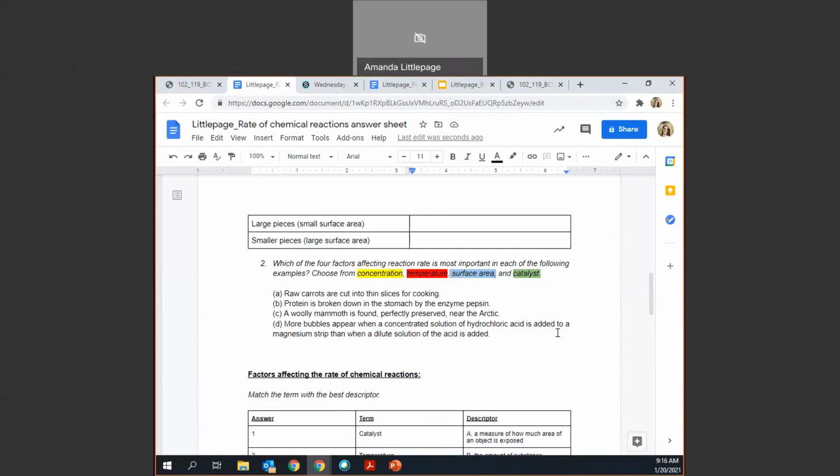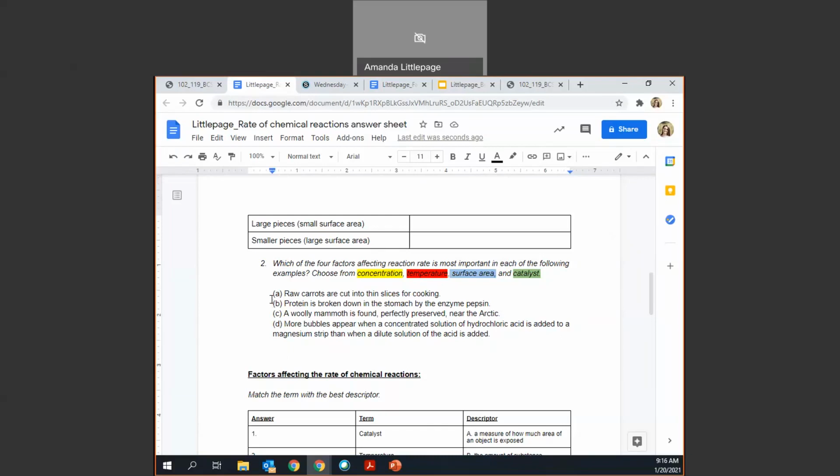So I'm just going to go through this with you guys. Remember that raw carrots cut into slices. Well, if you're cutting into slices, that's going to be surface area. Section B, protein is broken down in the stomach by an enzyme. That would be catalyst. C, a woolly mammoth is found perfectly preserved. Well, that's temperature.